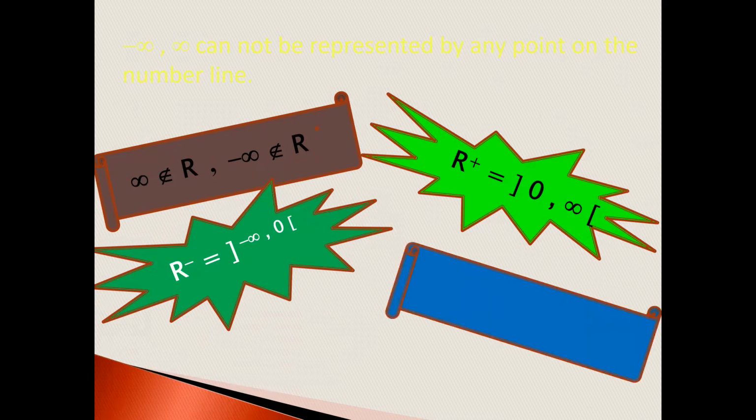If I have the set of non-negative real numbers, non-negative means that I have 0. So it will be 0 and infinite. And 0 will be closed because 0 is included, and positive infinite is open, because non-negative means 0 and the positive numbers.